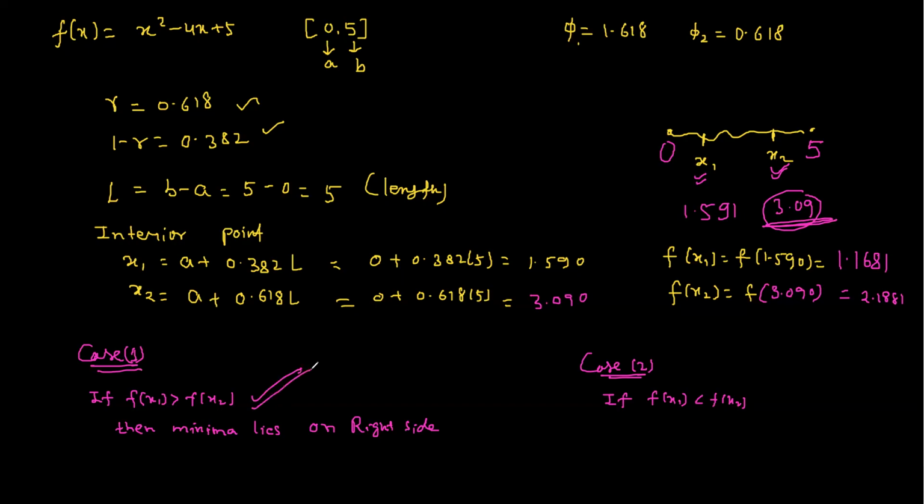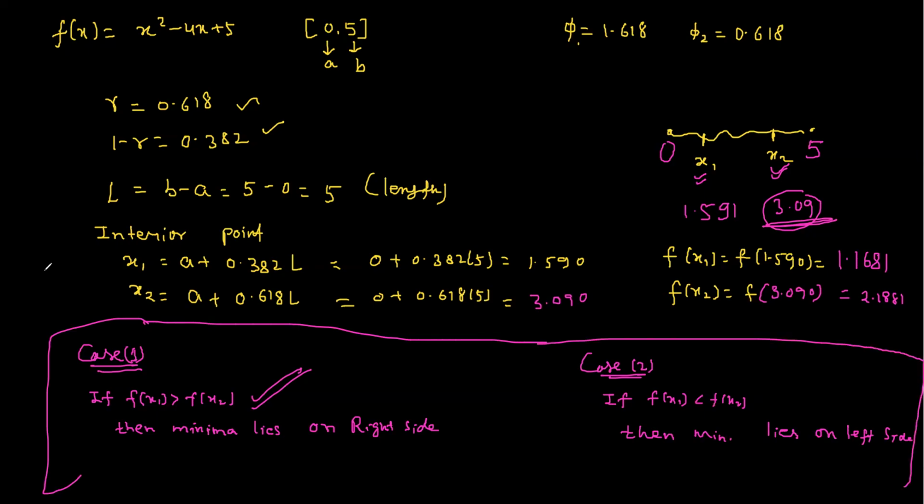If this condition is satisfied. But in this case, f(x2) is greater, right? So what can you conclude? Minima lies on the left side, right? Then minima lies on the left side. Understood? Yes. So this is for checking purpose.